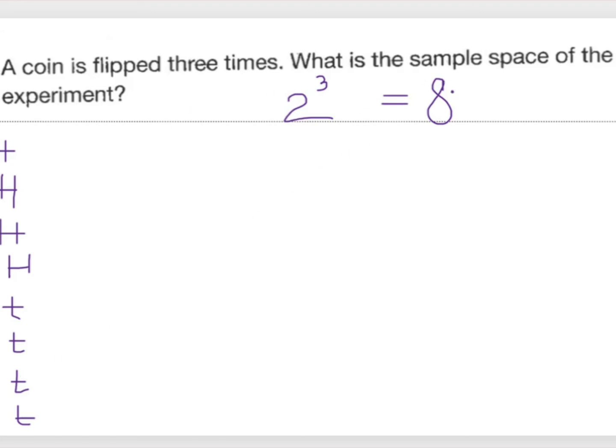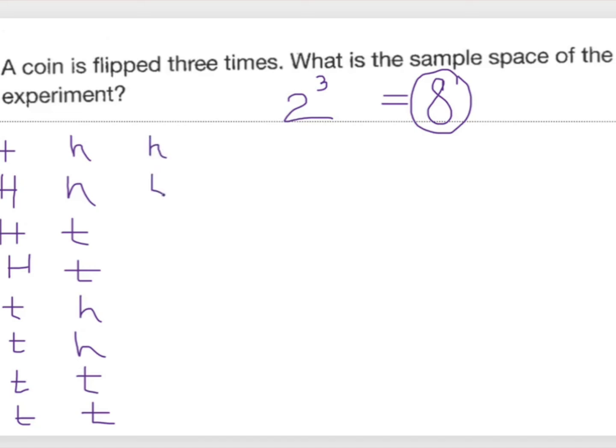Because I'm always going to do half of them whatever the first option is, and half of them whatever the second option is, I'm going to do heads, heads, tails, tails, heads, heads, tails, tails. And then on the last row, I do heads and then a tails, heads and then a tails, heads and then a tails, heads and then a tails.